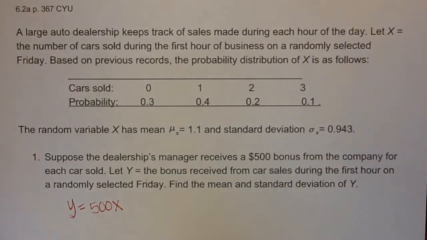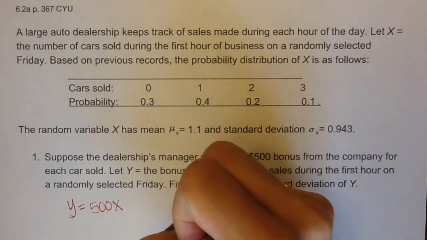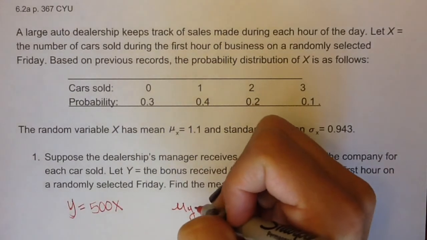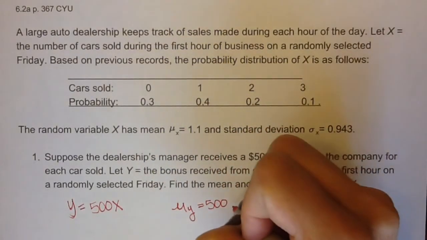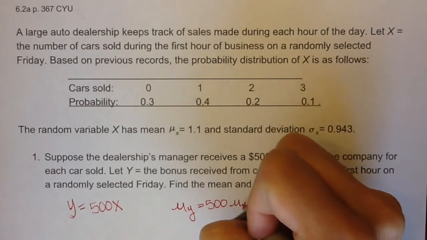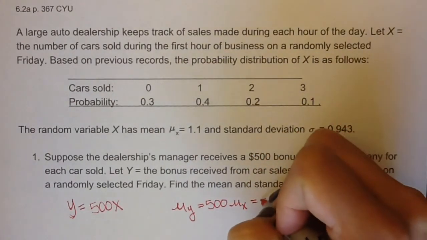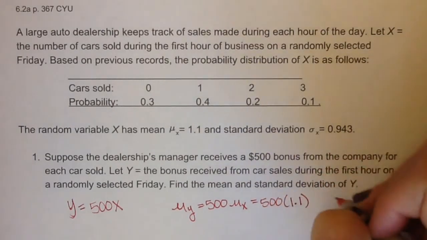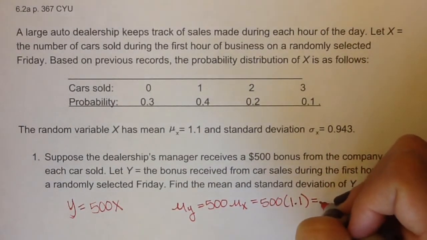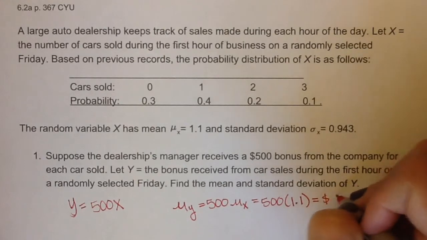So to find the mean of Y, we're just going to do 500 times the mean of X, which is 500 times 1.1, and that gives us a mean of $550.